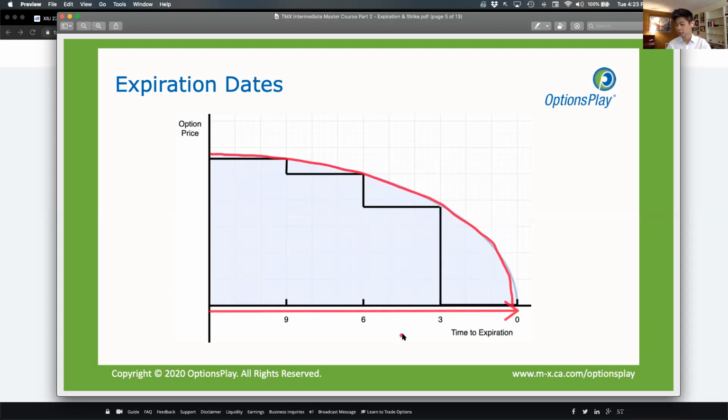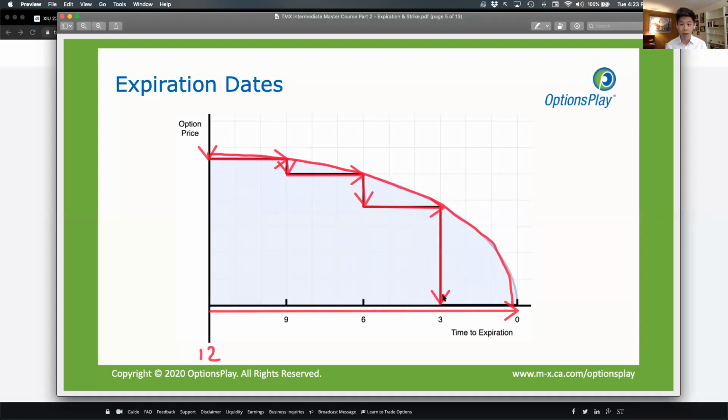Let's say you're trading a 12-month option. From 12 months to 9 months, those first 3 months, you're going to notice very little time decay. From 9 months to 6 months, a little bit more. From 6 months to 3 months, even further. And as you get into the final few months, you really start to see this accelerate.